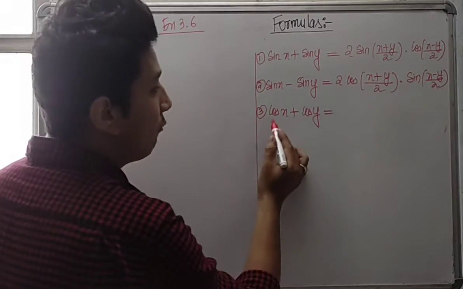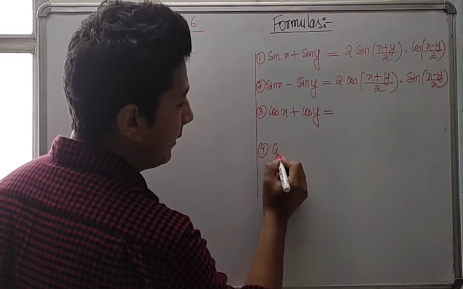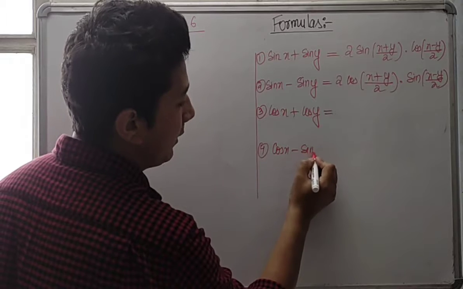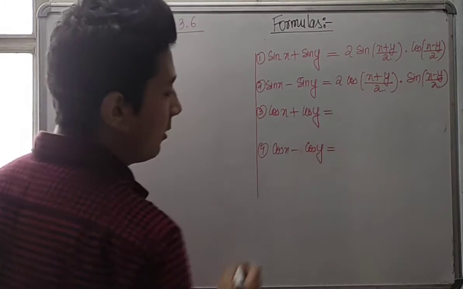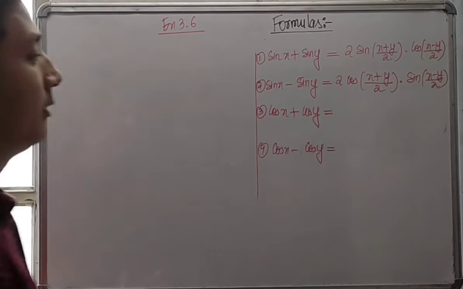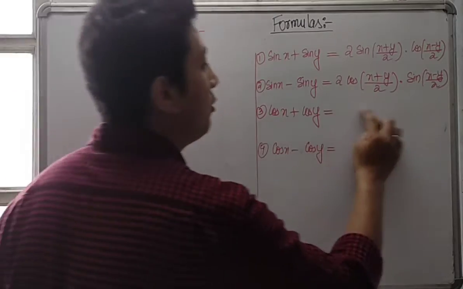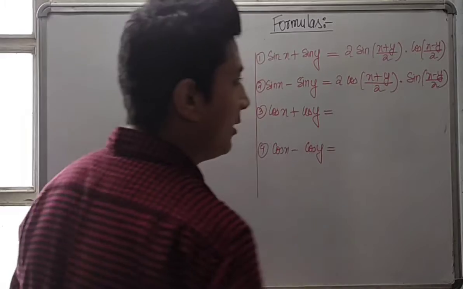But in formula number 3 and formula number 4, that is cos x plus cos y and cos x minus cos y, the formulas are different: for cos x plus cos y, both the values will be in terms of cos, and for cos x minus cos y, both the values will be in terms of sine.